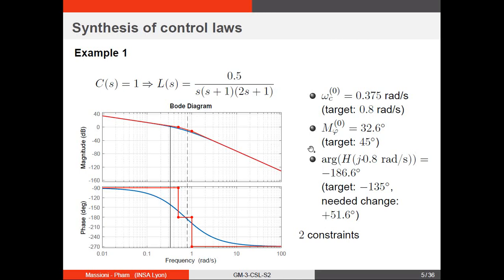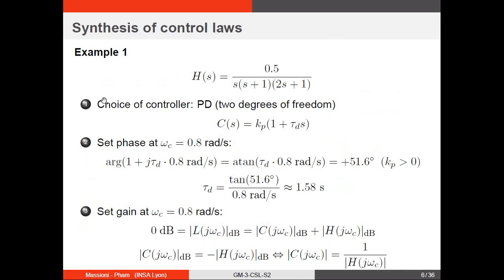Which other would we choose? Well, we choose something that can increase the phase a little bit, move the phase up, because here the phase is too low. So the best choice would be a PD controller. If you remember, the PD controller's phase Bode diagram starts flat and then goes up 90 degrees. So that's exactly what we want.